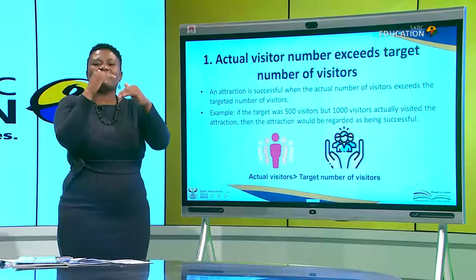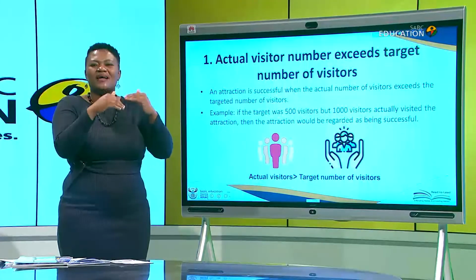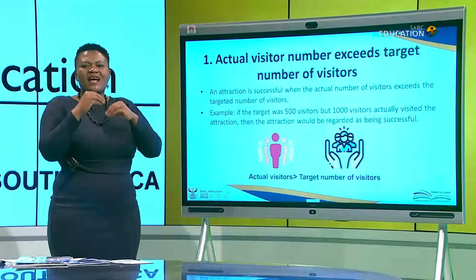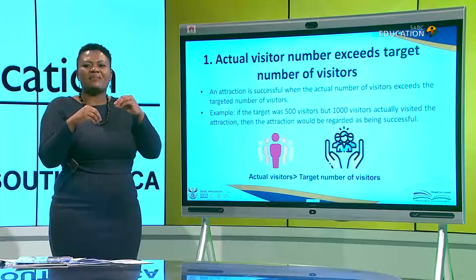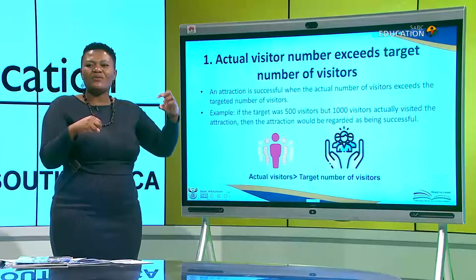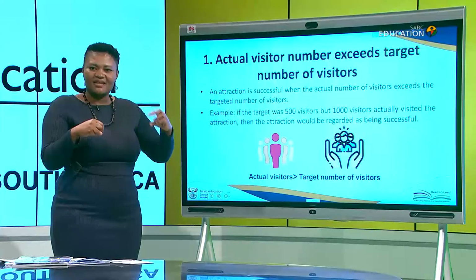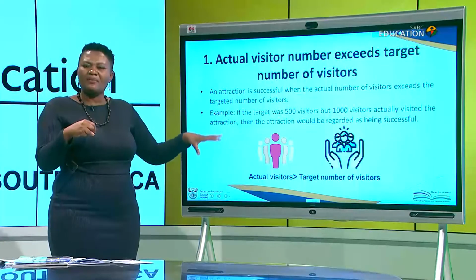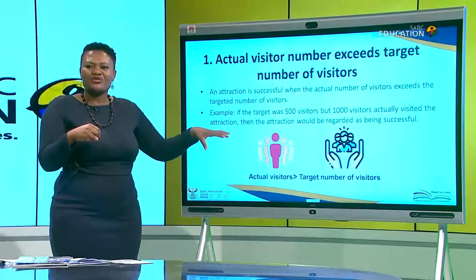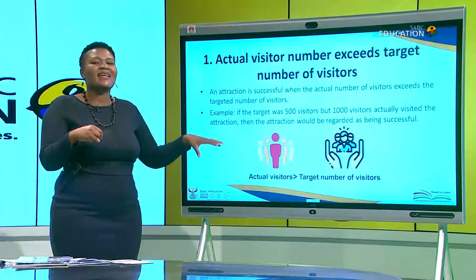So what I'm trying to explain in this particular image is that when we talk about the actual visitors numbers exceeding the target number of visitors, the actual visitors are greater than what we had targeted. The ones in green, pink, yellow, orange, those are the actual visitors. And how many are they? I said they are 5.